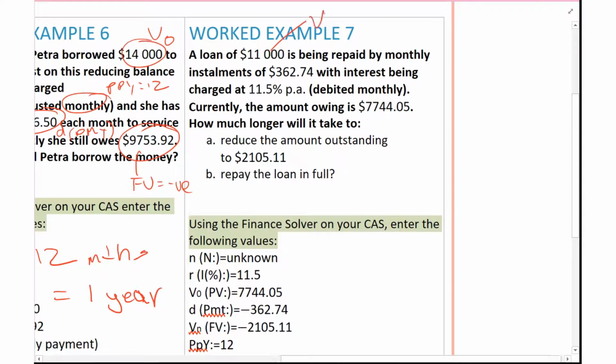So again, V0, this is D or PMT, this is my R, this is my payments per year. Currently the amount owing is going to be my V0. Oh, sorry. This would be your V0.